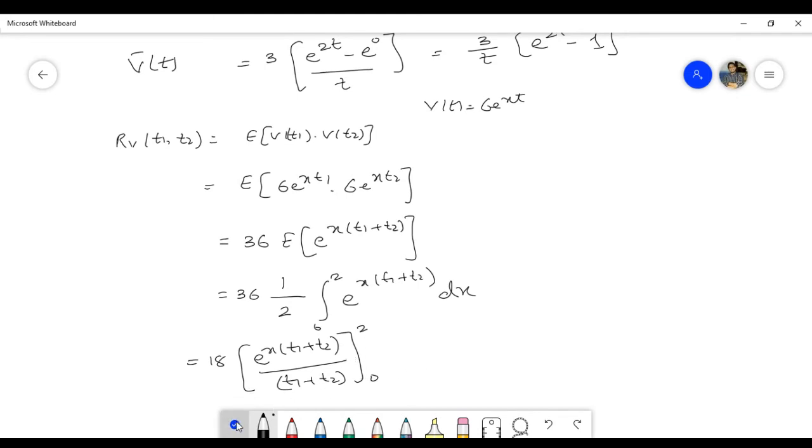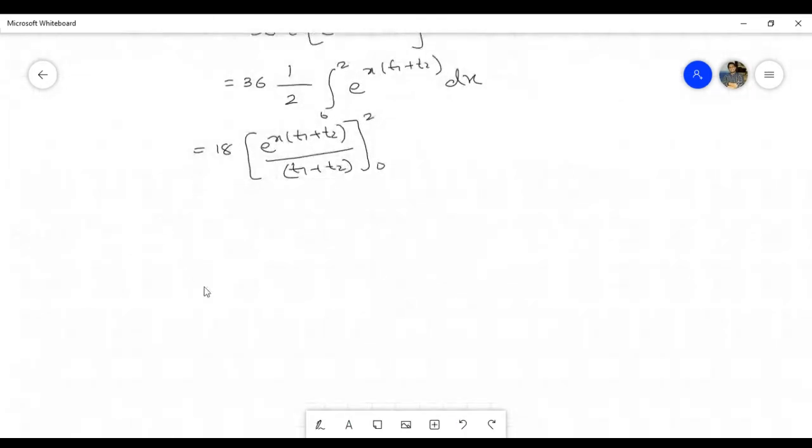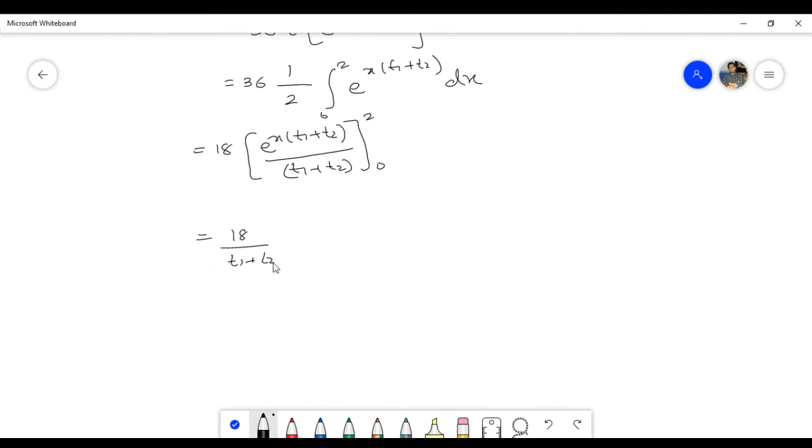So let us write it like this: 18 by (t1 plus t2) times (e^(2(t1 plus t2)) minus e^0, which is 1). This is the autocorrelation function.